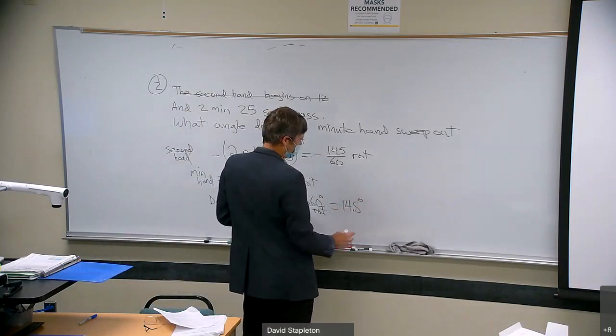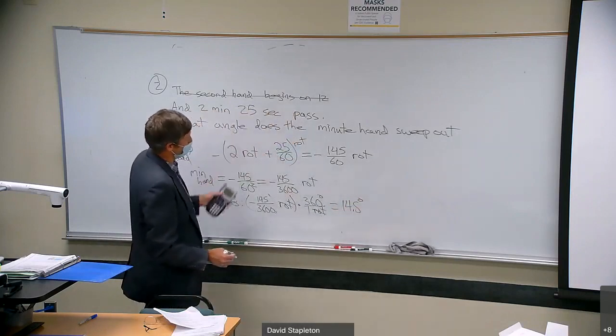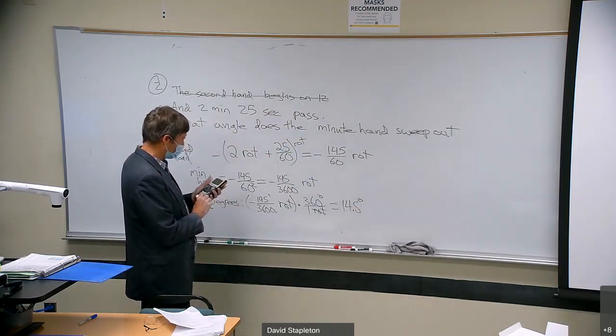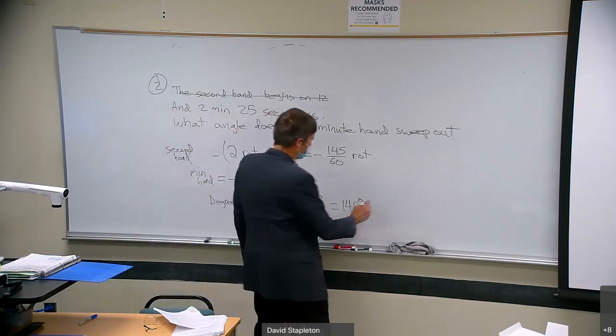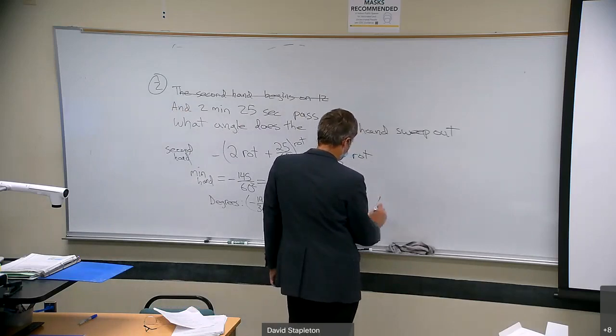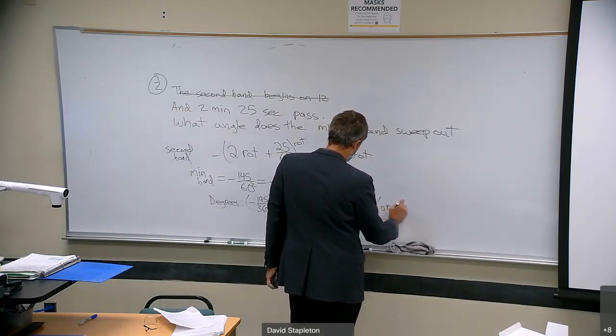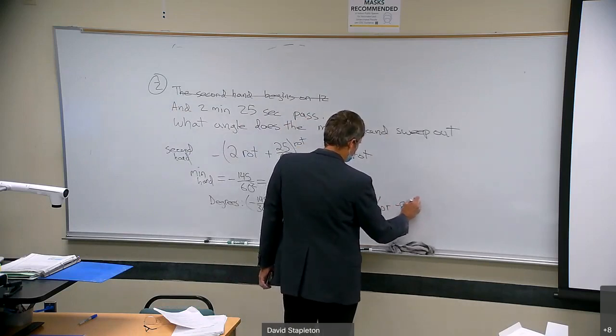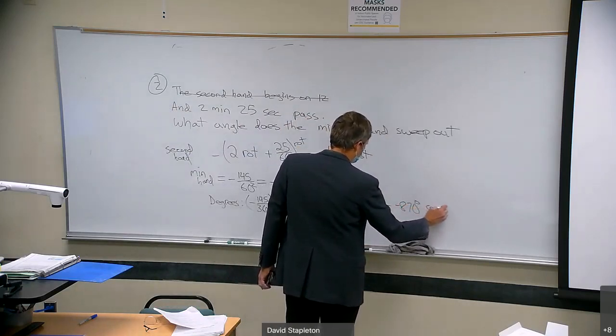And what I put on the key, I marked it right if you did the minute hand. It should have been, I think on the key I put times 60. It was 870 degrees. But that's how far the minute hand moves, or minus 870 degrees, second hand.